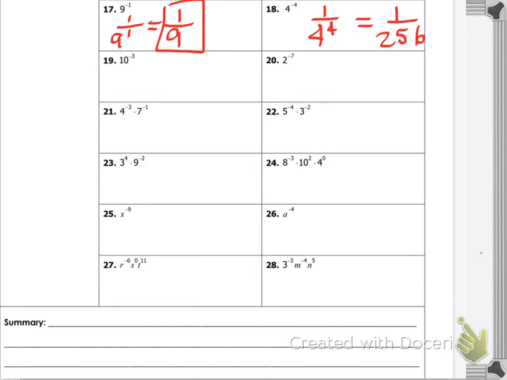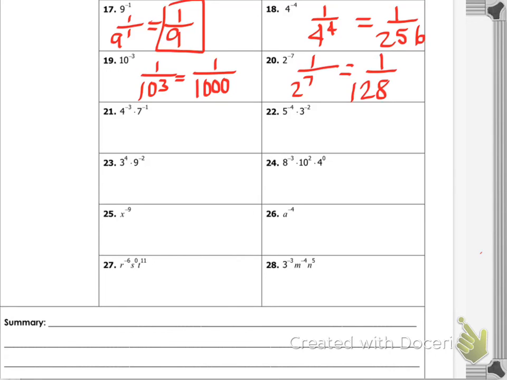Moving forward, 10 to the negative third power is going to be the same as 1 over 10 to the third, which is 1 over, remember you can add this many zeros after the 1 for the 3. So the exponent is 3, so 1, 2, and 3 zeros. 2 to the negative 7th power is going to be 1 over 2 to the positive 7th power, which is the same as 1 over 128.